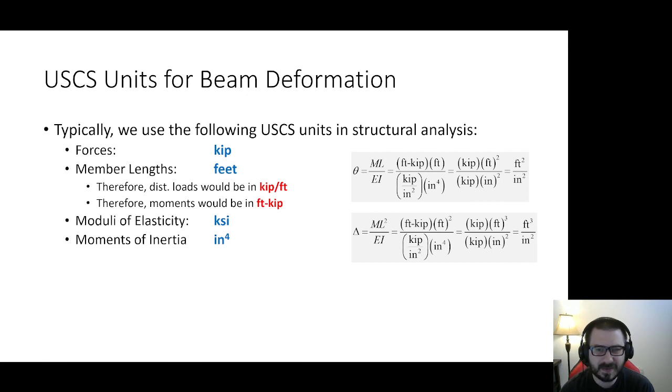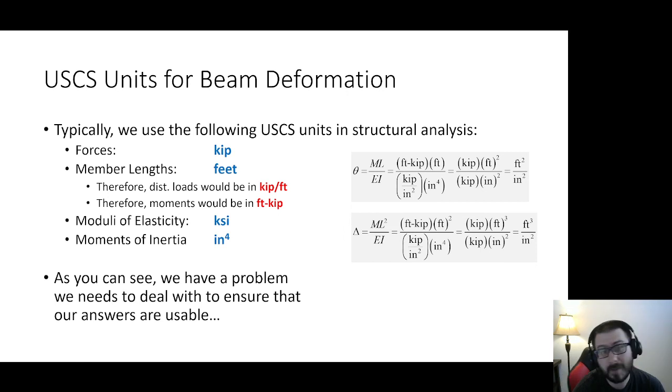So there's something mixed up in our unit system that's not right. And I think that's pretty apparent that something like this would happen if we look at the inputs. If the member lengths are in feet, but your material and section properties are in inches, something's got to give, okay?